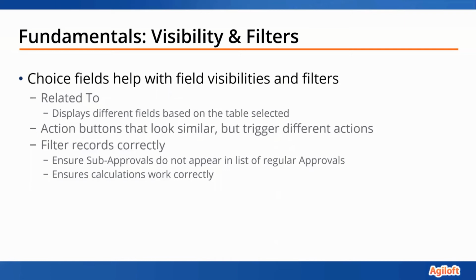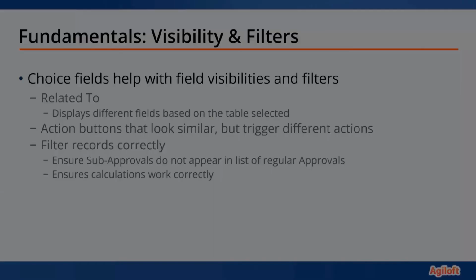For example, if we are looking at a contract and its approvals, and some approvals have sub-approvals, which are basically approvals within approvals, we want to separate those out from our regular approvals. So when we use choice fields, it allows us to use filters and it allows us a clean interface.